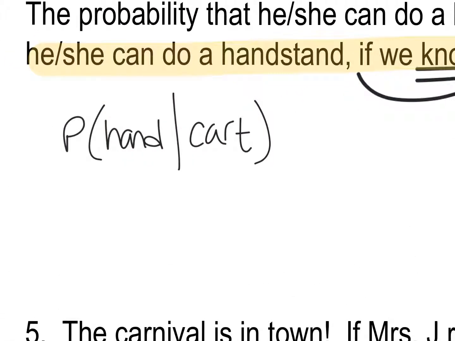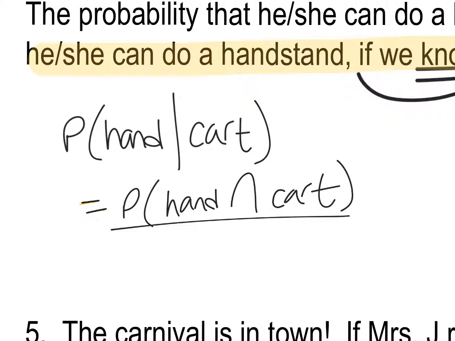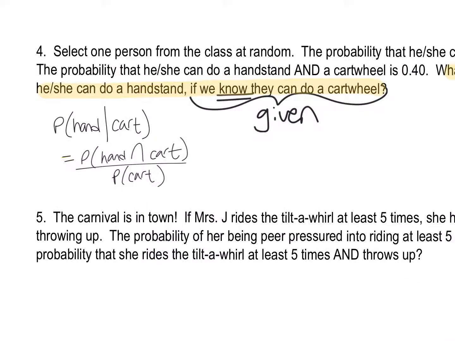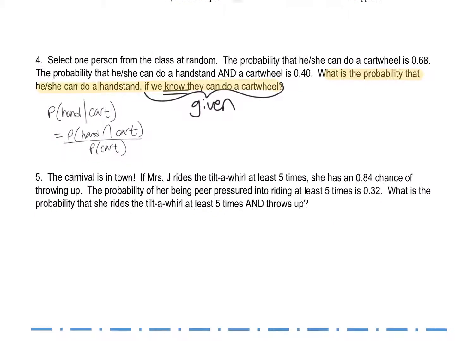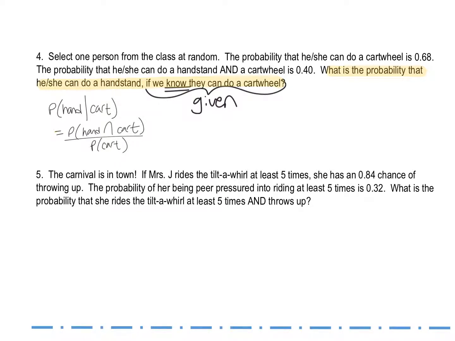So filling in this formula, what that means is probability of handstand and cartwheel divided by probability of cartwheel. And so now, since this is in kind of words, it's like a word problem almost, the probability he or she can do a cartwheel. So just a cartwheel is 0.68.